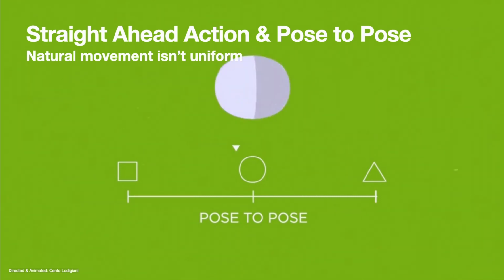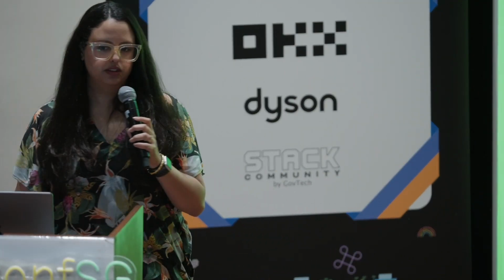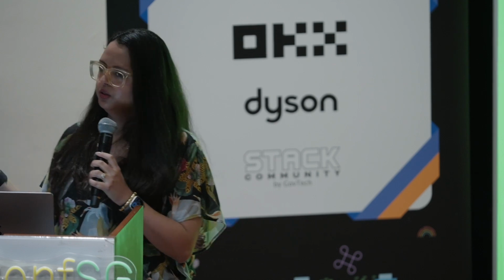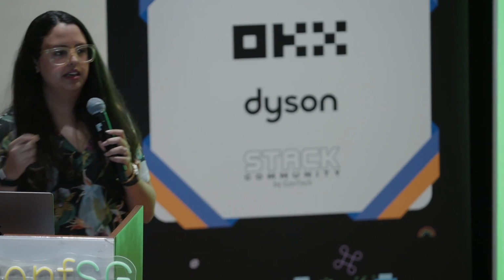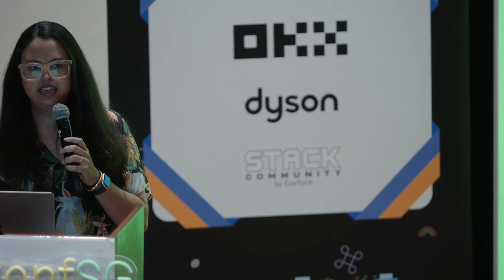And so pose to pose will literally have you go from one pose to another pose to another pose again, and it will interpolate in between what's happening. Straight ahead allows you to actually draw or denote every stage of the movement in case you want to make other changes. It's considered more technically complex, but a lot more unique and natural depending on what visual effect you're trying to create.